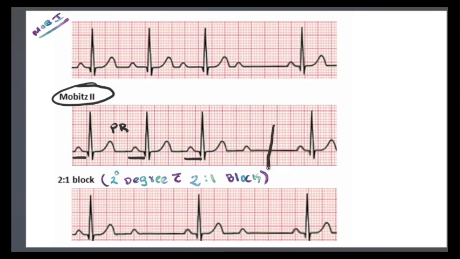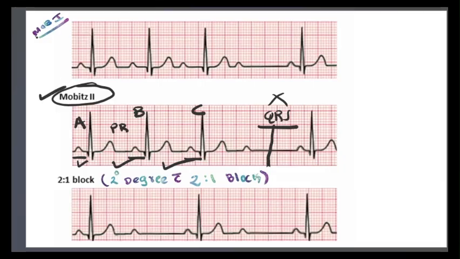So there is a missing of QRS complex, but there is no prolongation of the PR interval. The PR interval is the same. The PR interval in A, B and C are all the same, but there is missing of QRS complex. This is called second degree Mobitz type 2 heart block.